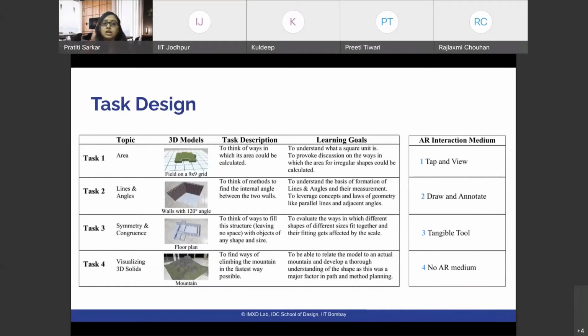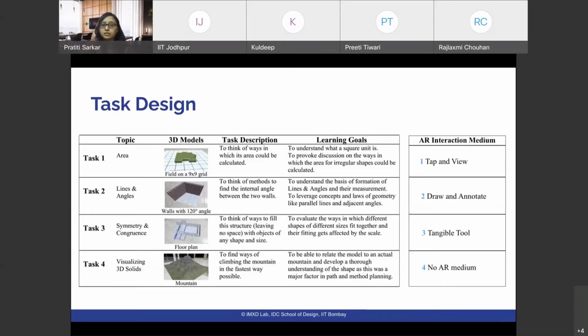For area, they had to think of ways in which they could calculate the area, and how the different mediums could be used in answering those questions. For lines and angles, they could think of different methods to find the internal angle between two walls.